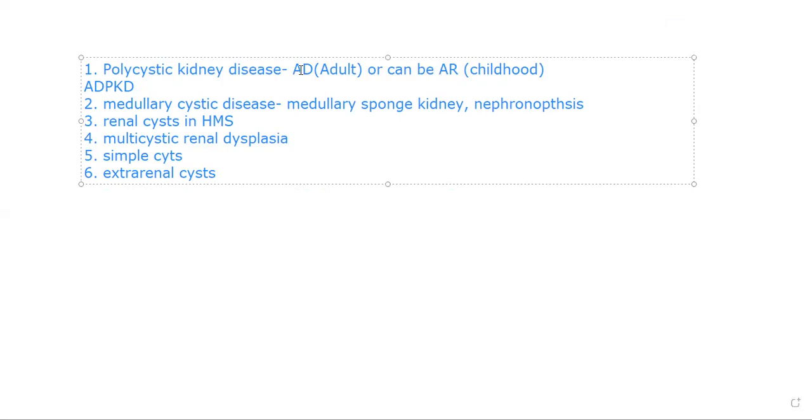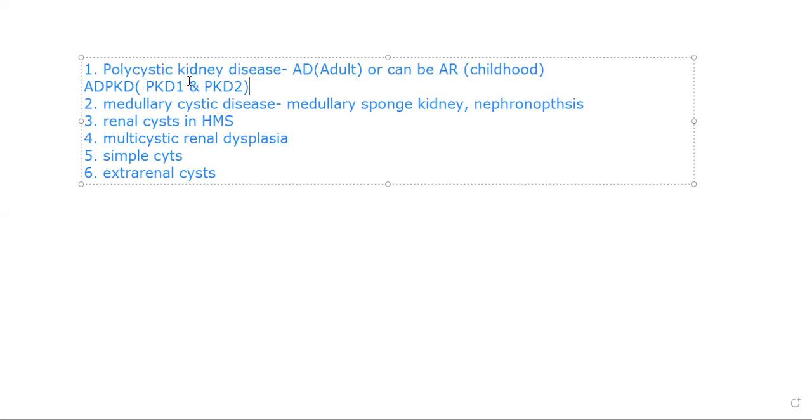Remember this when you're comparing it to the other one, which is autosomal recessive, the childhood one. In terms of the genetics, this autosomal dominant form is linked to mutations in the PKD1 and PKD2 genes.